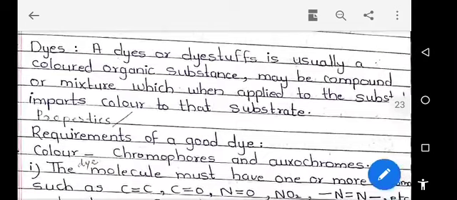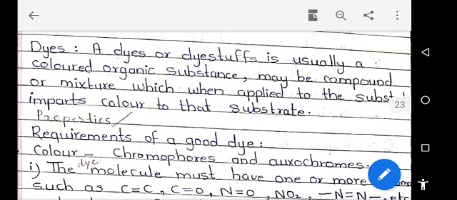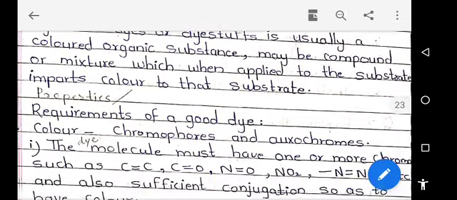Some are straight compounds, some are branched compounds. These are all organic compounds. So for that we have to study drugs and dyes, because every drug has a chemical structure, and that chemical structure is useful to study its effects.